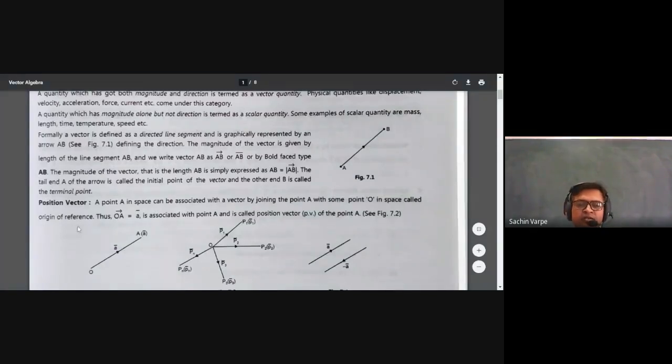Now what is meant by a position vector? A point in space can be associated with a vector by joining the point A with some point O in space, called the origin of reference. O को बोलते हैं origin of reference.